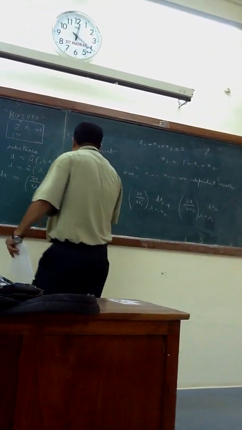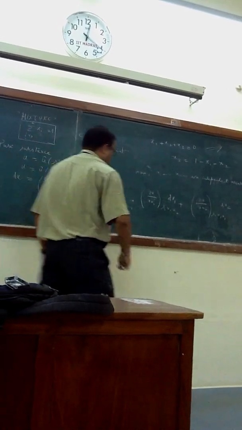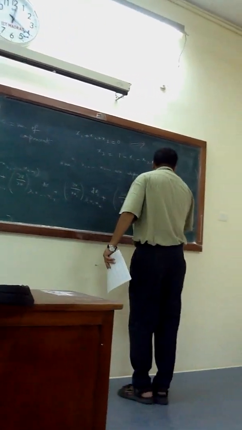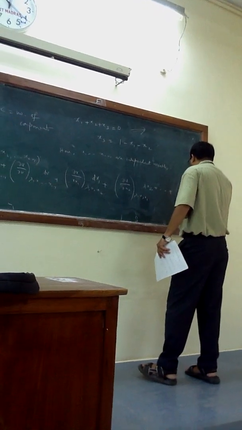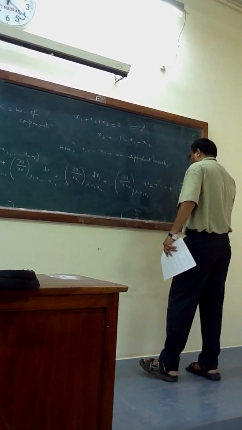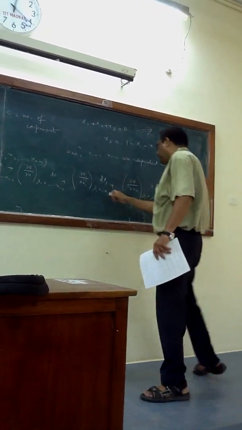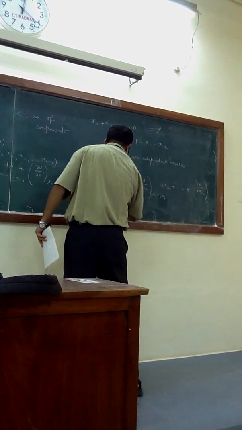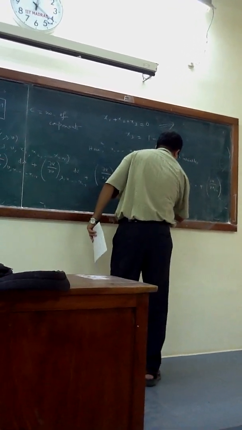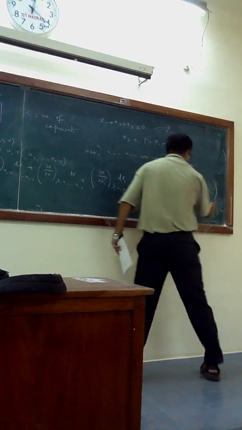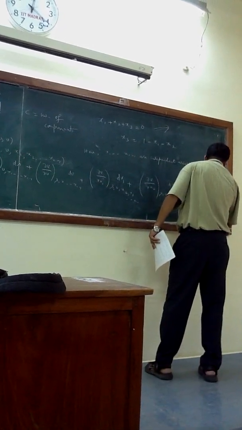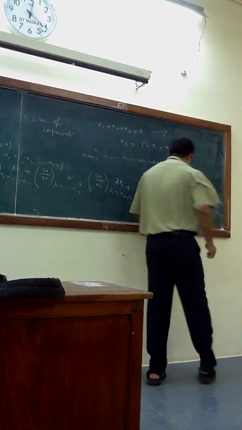If we have up to xc minus 1, then this term will be there up to ∂U by ∂xc minus 1, with x2, x3 up to xc minus 1, x1, x3 up to xc minus 1, and then S, V, x1 up to xc minus 2.